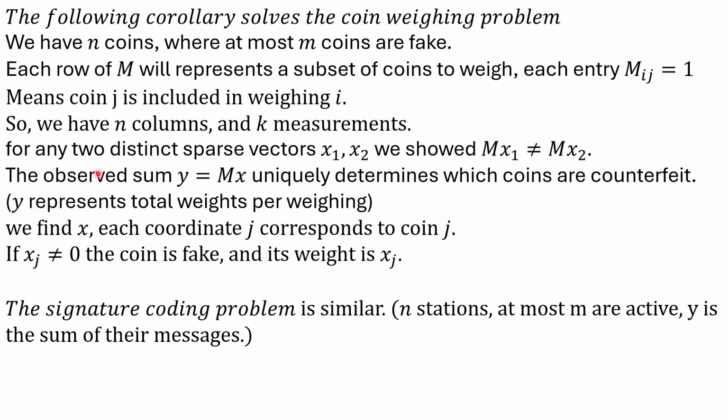The observed sum y equal to mx uniquely determines which coins are counterfeit. y represents total weights per weighing. We find x, where each coordinate j corresponds to coin j. If xj is not equal to 0, the coin is fake, and its weight is xj. We can assume that the real coins have weight of 0. So we found the weight xj, and we found which coins are fake.